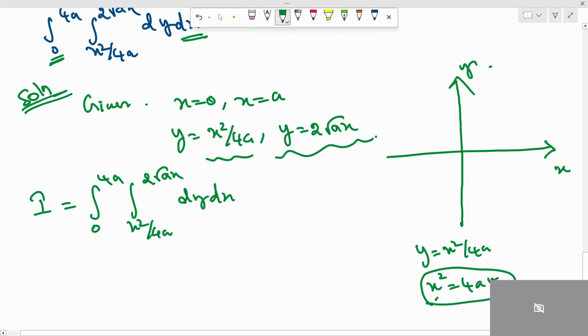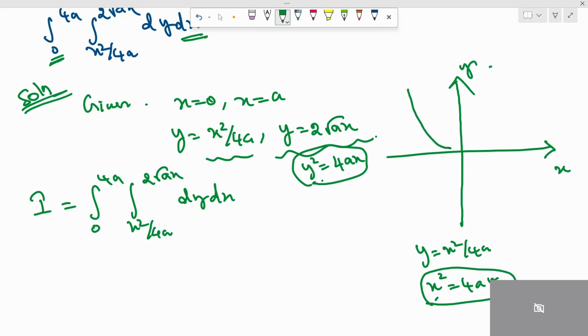And then from this one, first you remove this root. If you want to remove this root, squaring on both sides, we get y square is equal to 4ax. This one also is a parabola equation. Okay, x square is equal to 4ay is open top, and y square is equal to 4ax opens this side.